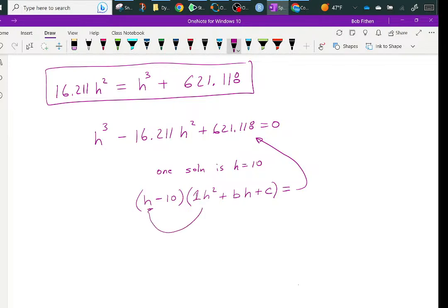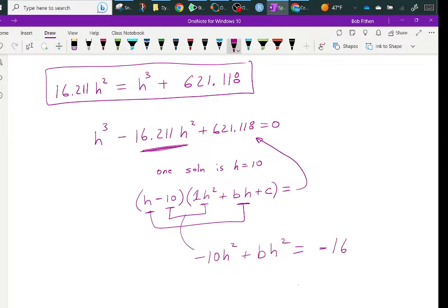So H squared gives me that term. Now I'm looking for everything that is quadratic. That is, this term times that one, and this term times that one. That'll give me minus 10h squared, and this will give me plus b h squared, and that's got to equal minus 16.211. So I believe, if I'm right, that's got to be minus 6.211.